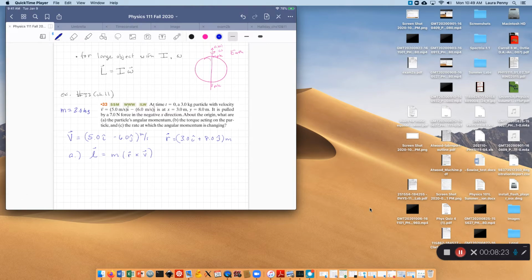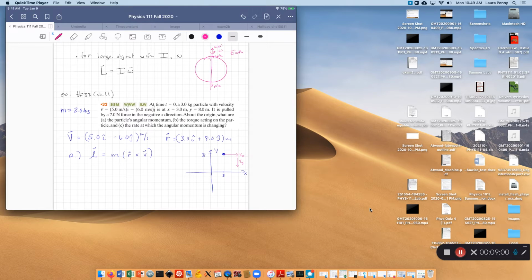And just to give you an idea of what we're doing here, this is my XY plane. The particle is up here, where this is 3 and 8, and then it has a velocity which is 5 meters per second in the x direction, so it has a Vx like this, and then a Vy which is -6.